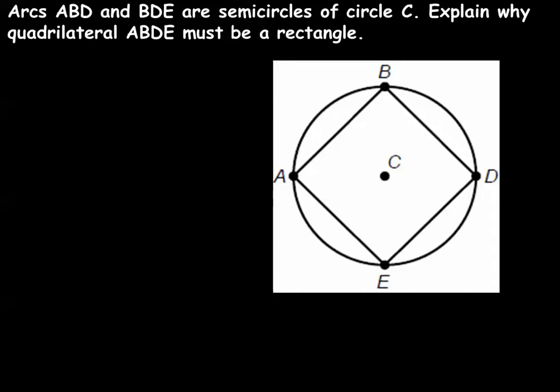So let's look here. ABD is right here. Everything above that red line is a semicircle. And they said BDE is also a semicircle. All right.